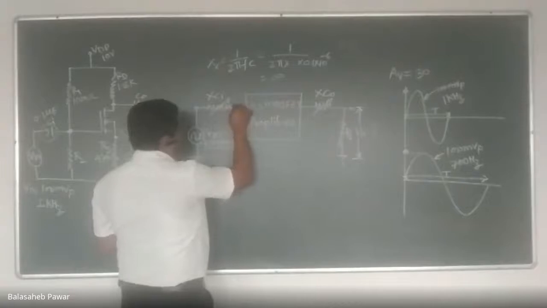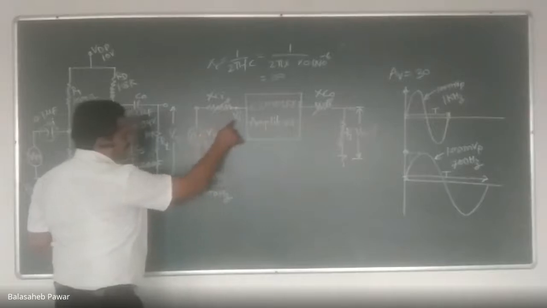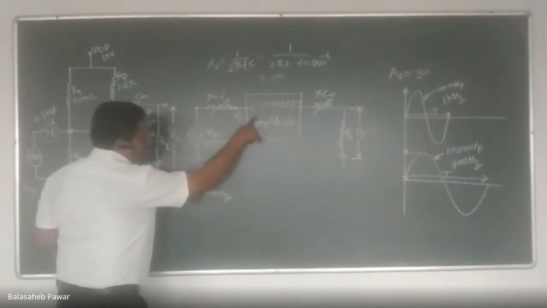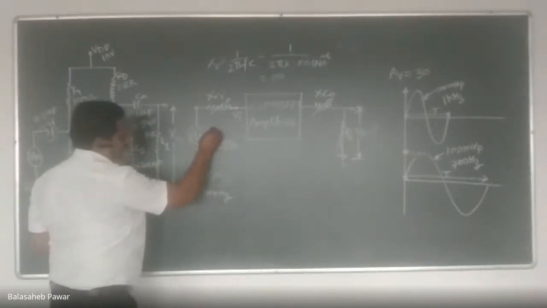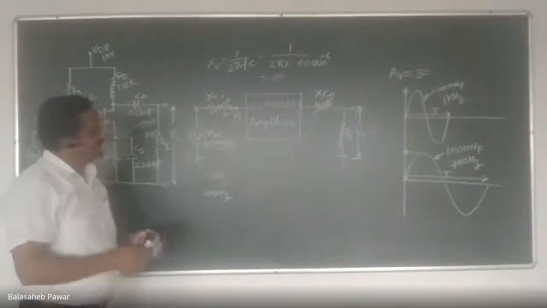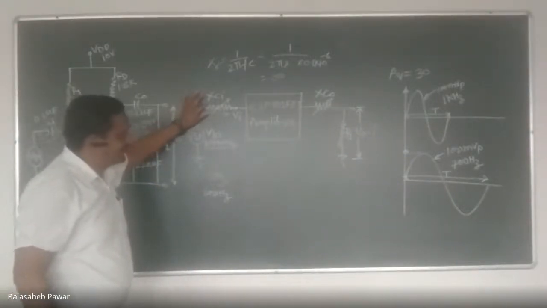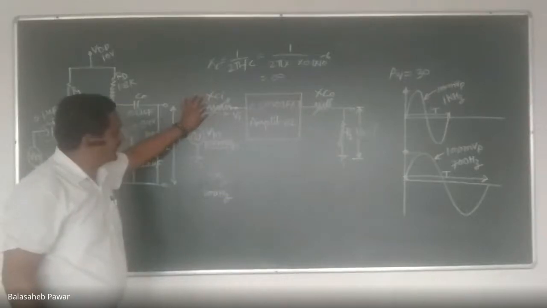Now, just observe Vi. What is the source of this Vi? That is the input applied to the amplifier circuit, the input signal. That input signal will pass through this reactive path offered by the capacitor, which is nothing but Xc of the input coupling capacitor.